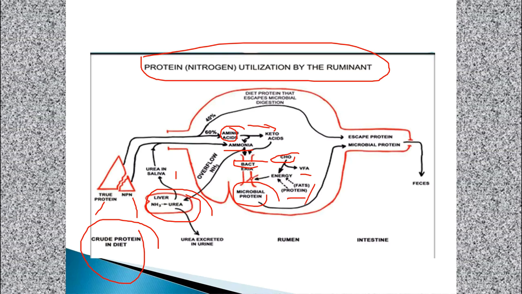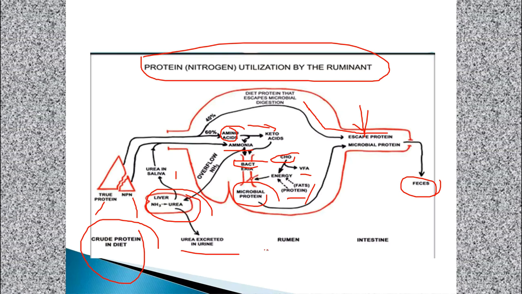and both fat and proteins form part of the energy, whereas the dietary protein that escapes microbial digestion is called bypass protein or rumen undegradable protein, and this will be digested in the intestine. The portion not digested by intestinal enzymes will escape and be secreted in the feces. The urea, whenever it is not utilized by the animal, is ultimately excreted in the urine.